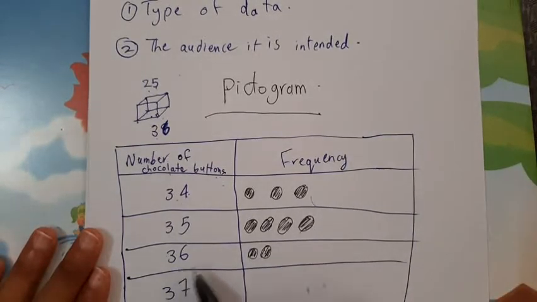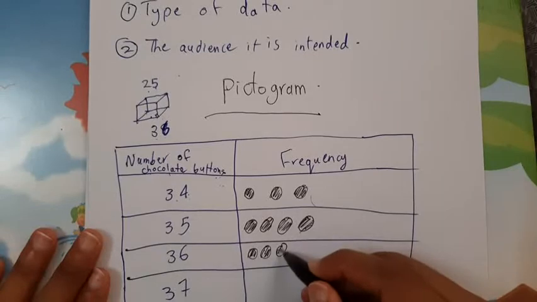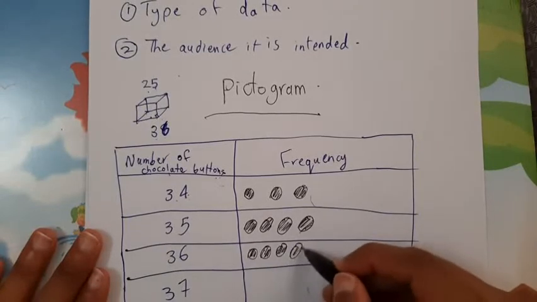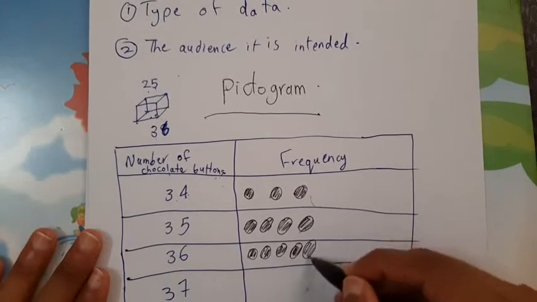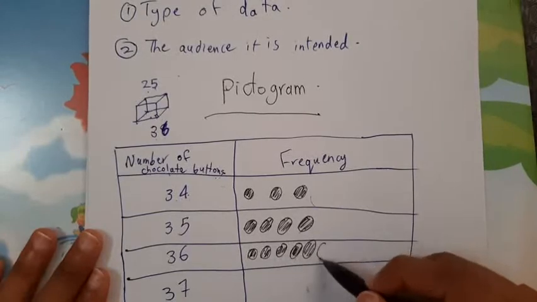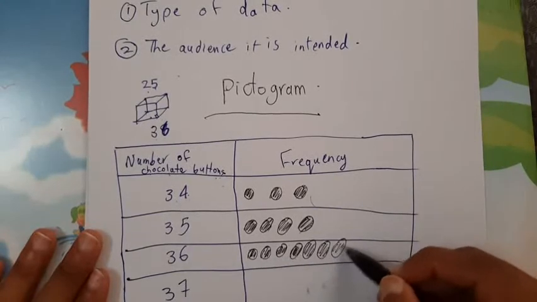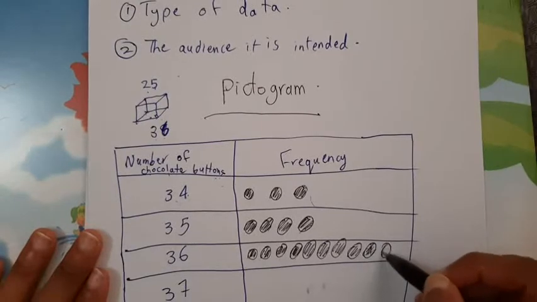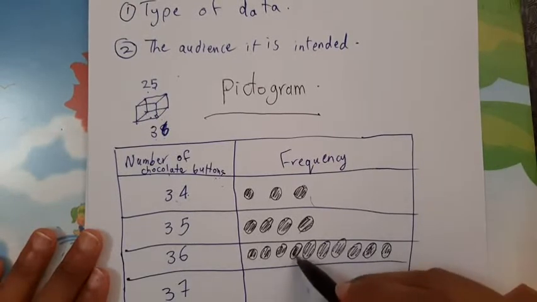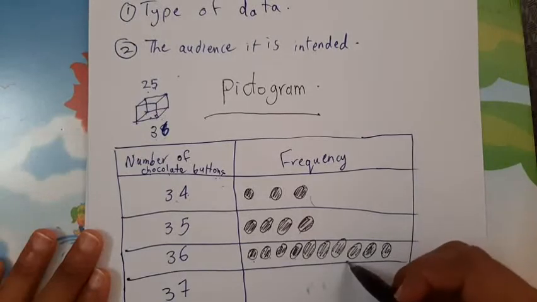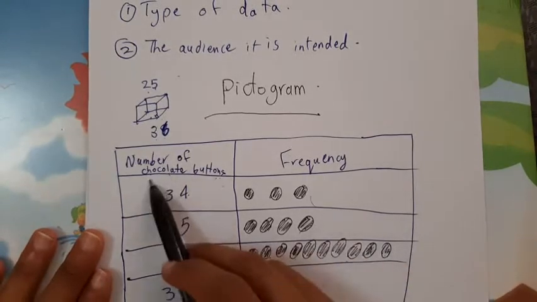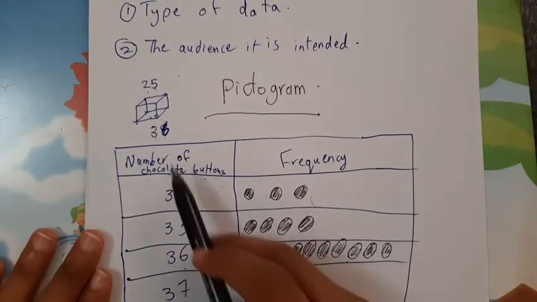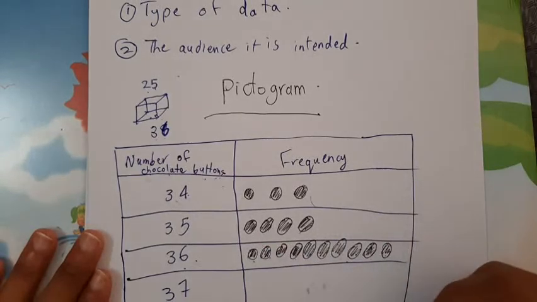So I'm going to draw 10 circles: one, two, three, 4, 5, 6, 7, 8, 9, 10. 10 packets had 36 chocolate buttons inside.